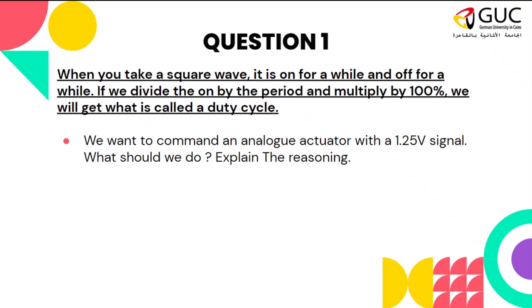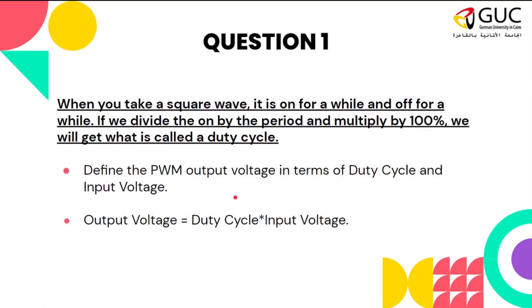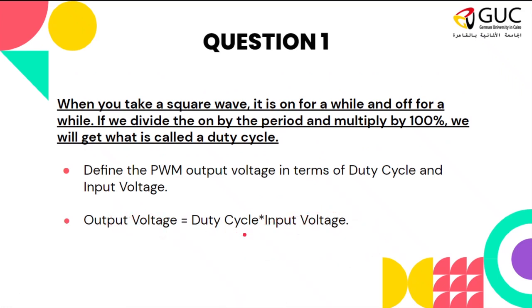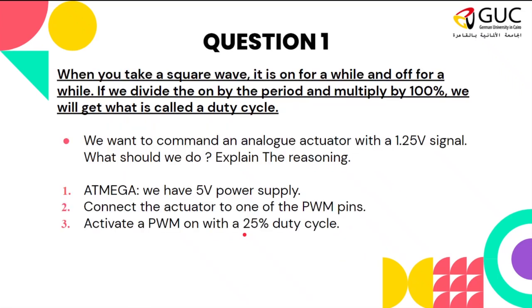So now we want 1.25 out of the 5 volts. As this previously says, we know the output voltage, we know the input voltage, we need to get the duty cycle, right? So in the Atmega, as I said before, we have a 5 volts power supply.